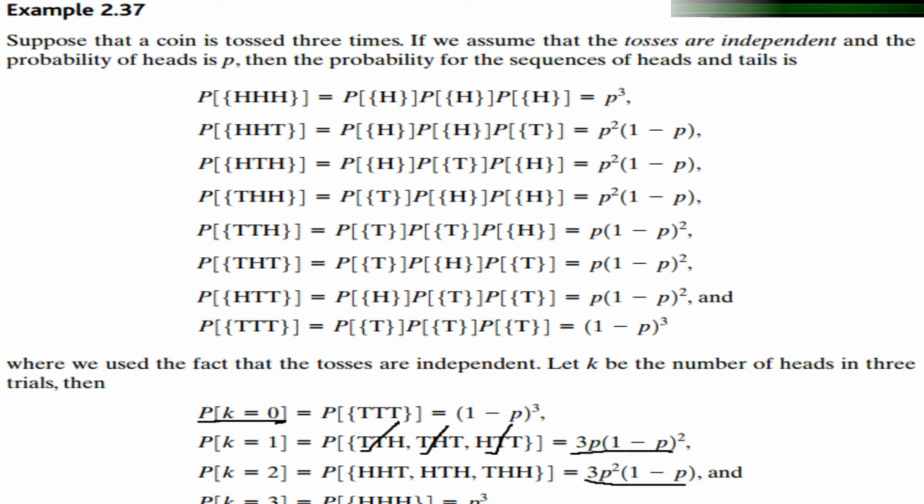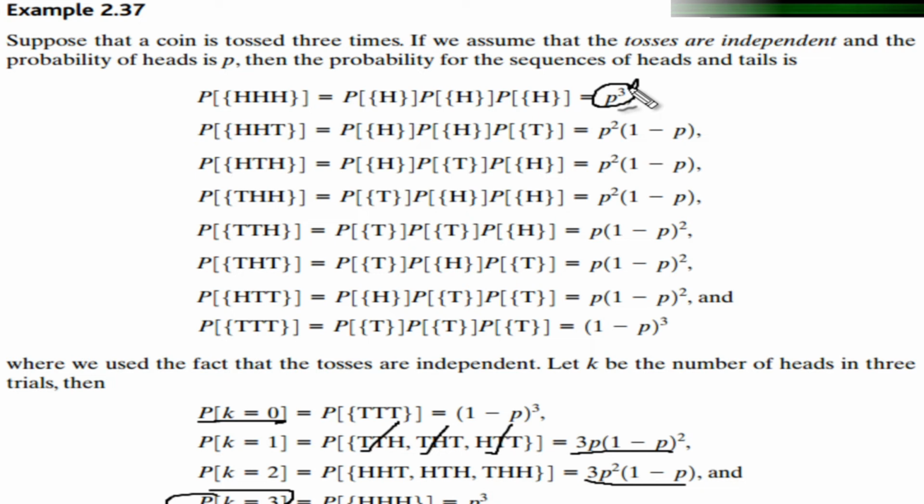And if you want to find the probability of 3 successes, it will be P cube, because this is the only term in which we have 3 successes. So I think you have found out the essence of this example, and how we can find the probability of any number of successes in Bernoulli trials.